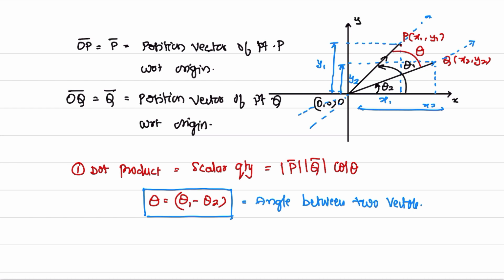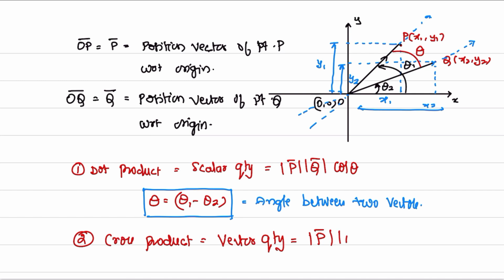And the cross product is a vector quantity, equal to the magnitude of P into the magnitude of Q into sin theta into a normal vector to the plane of P and Q. Please understand this meaning.